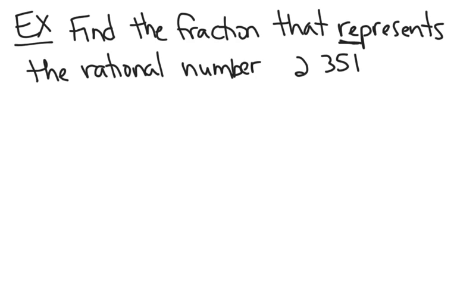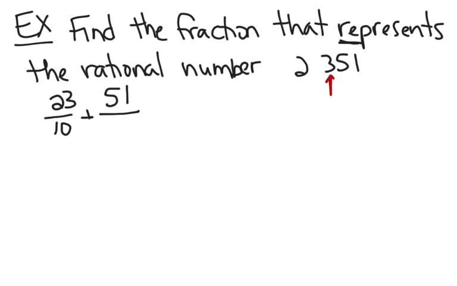So the first term in this sequence is going to be 23/10. The 10 comes from the fact that the 3 is in the 10th place. The next term is going to deal with the 51. And I want you to remember place value here for a second.